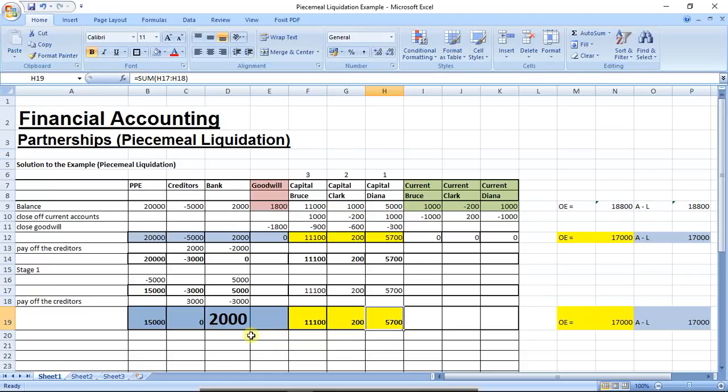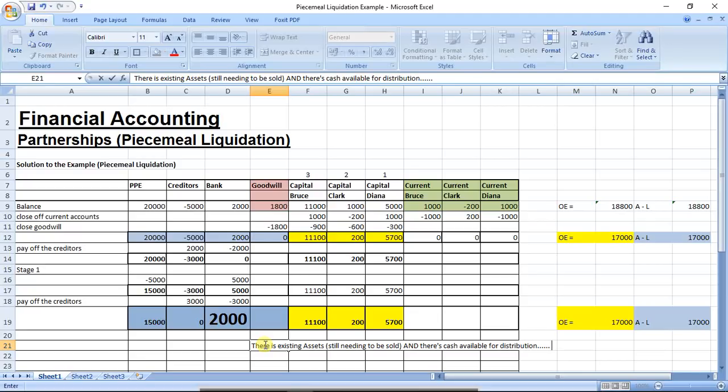So when you have a situation where there are existing assets still needing to be sold, and there's cash available for distribution, we would then use the loss absorption capacity method.